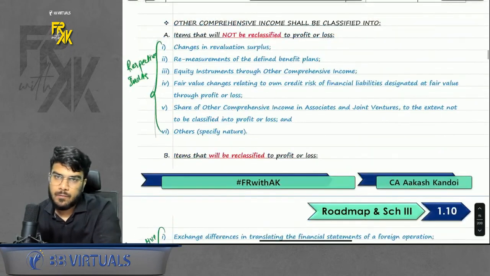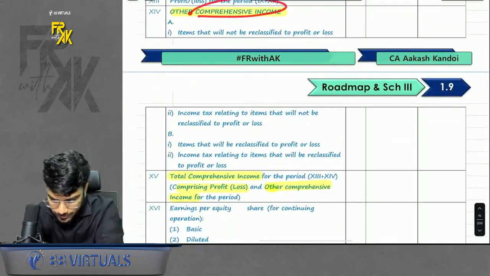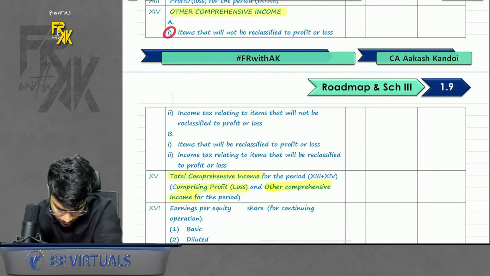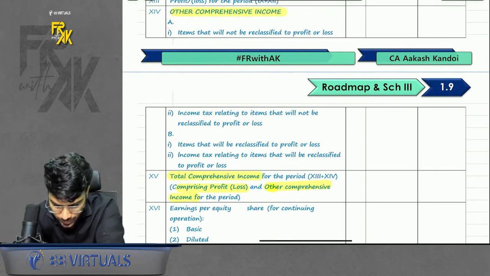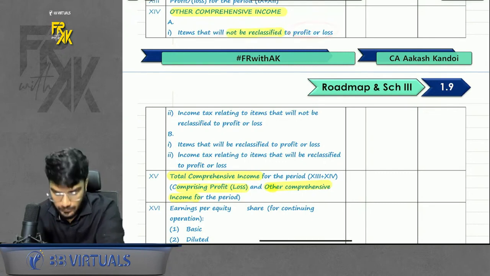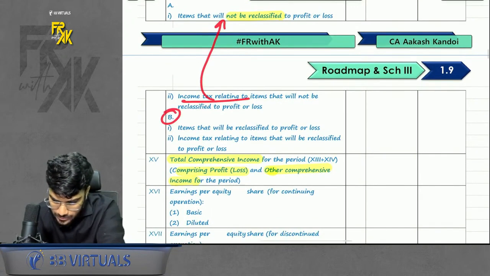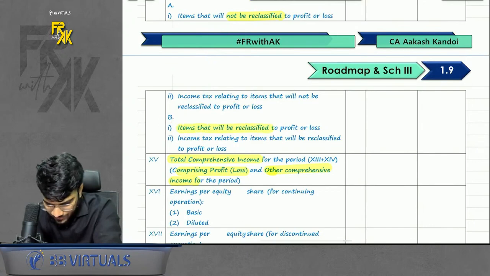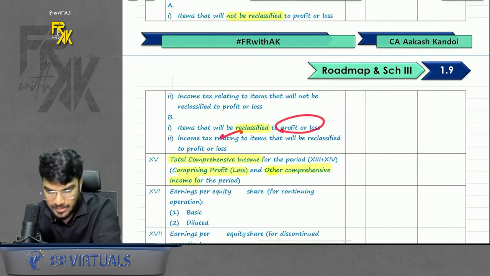One last thing which I want to show is, under OCI, there are two categories, A and B. Just read the heading. Items that will not be reclassified to profit and loss, and then the income tax of the above items. Then the B part is items that will be reclassified to profit and loss, and the income tax of these items.